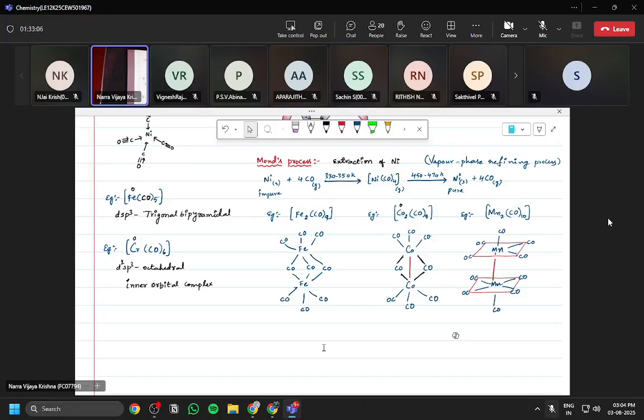Now what do I have to calculate? Number of lone pair electrons around manganese becomes 6: 5 because of carbon monoxides, 1 because of the metal-metal bond. Then it becomes 12. Correct or not? So 25 plus 12, 37 it is. Are you able to understand? They might have given 5 twos are 10, 12.